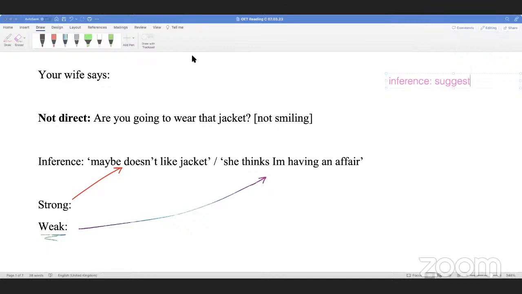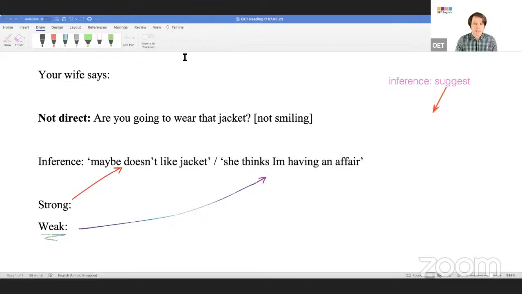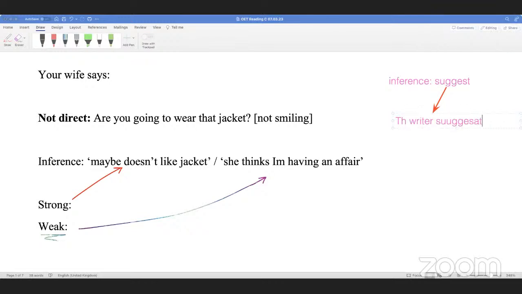Often in OET it will say something like, the writer suggests, right? The writer suggests. Well, suggesting is not saying directly, is it? Suggesting is indirect statements. You see what I mean?